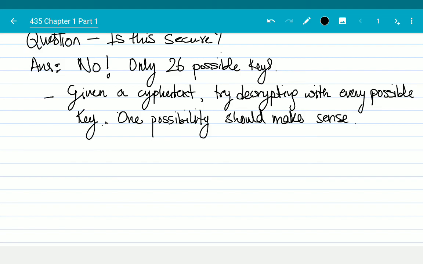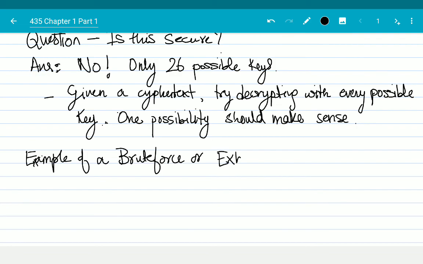So this is an example of a brute force or exhaustive search attack.